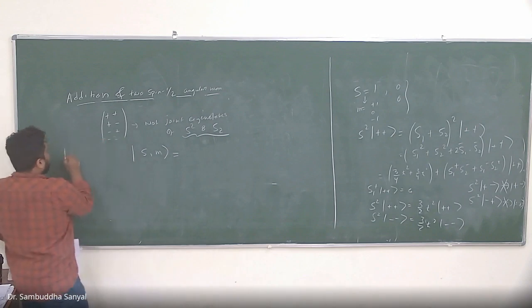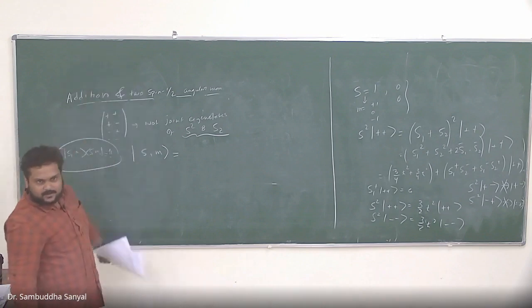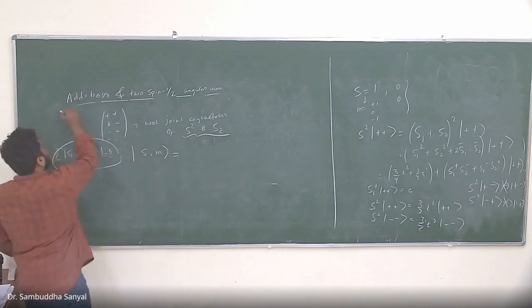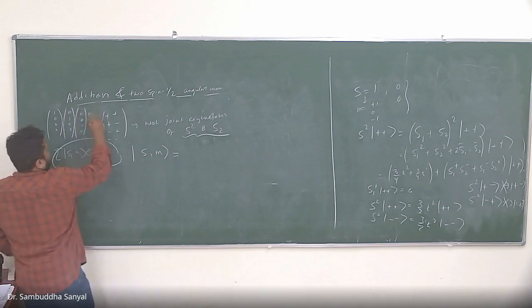This set of states is S1 M1. If I sum over this whole space, this is identity because they are eigenstates of this joint operator, so they must form a complete set. They are basically 1 0 0 0, 0 1 0 0, 0 0 1 0, 0 0 0 1.